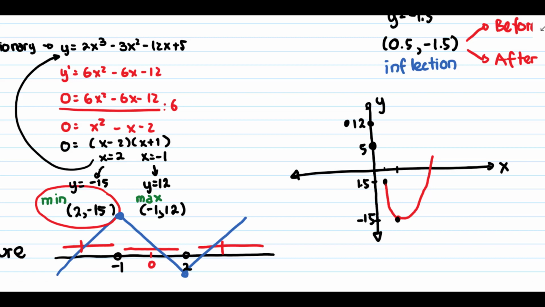That means the concavity will change. At first it opens up, now it becomes opens down, and then I will go through (0, 5) until I have (negative 1, 12). It's the maximum point, so it will turn back like this.